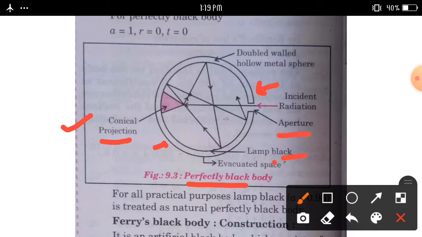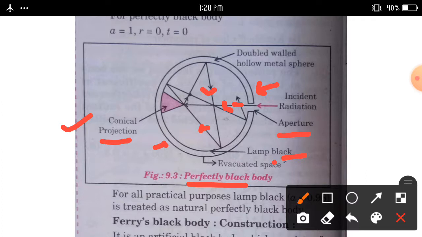How does a Ferry black body work? The radiated heat enters the sphere through the aperture, suffering multiple reflections.